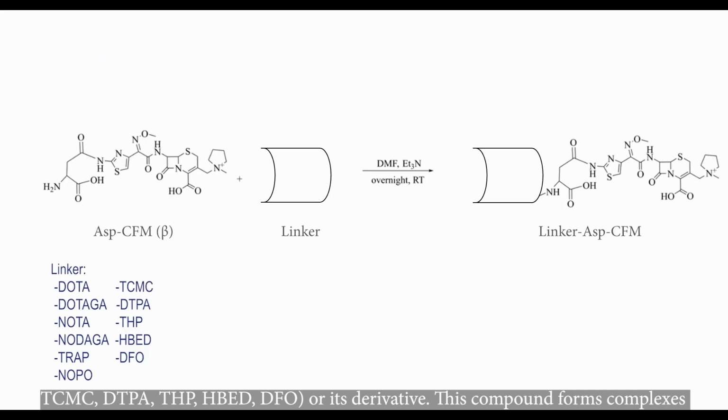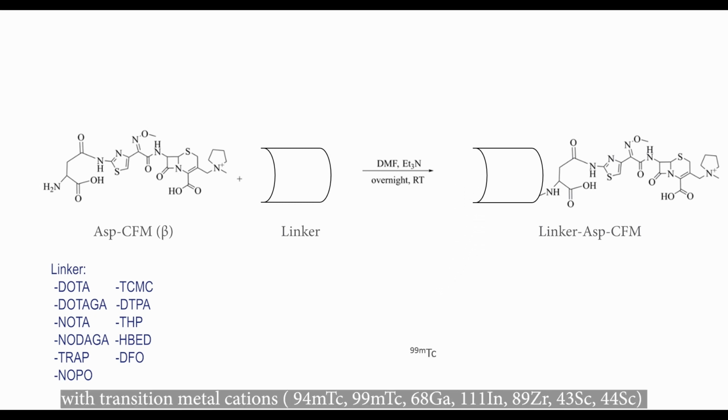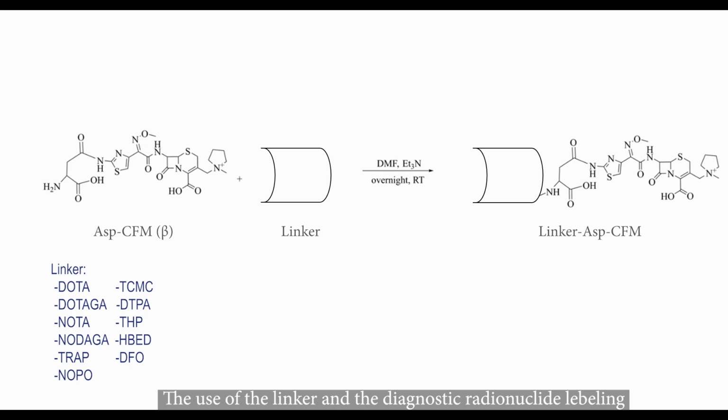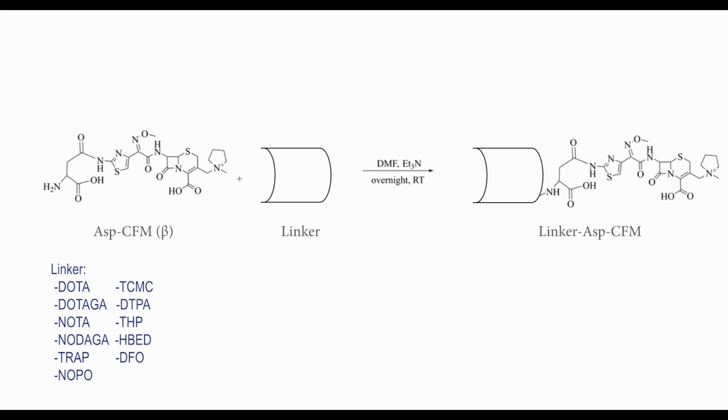This compound forms complexes with transition metal cations: 94m technetium, 99m technetium, 68 gallium, 111 indium, 89 zirconium, 43 scandium, 44 scandium, by attaching the ligand to the antibiotic molecule through an amide or thiourea bond between the carboxylic or isothiocyanate group of the selected ligand and the primary amino groups. The use of the linker and the diagnostic radionuclide labeling does not alter the biological properties of the antibiotic.